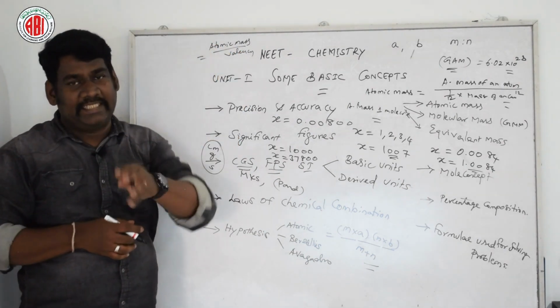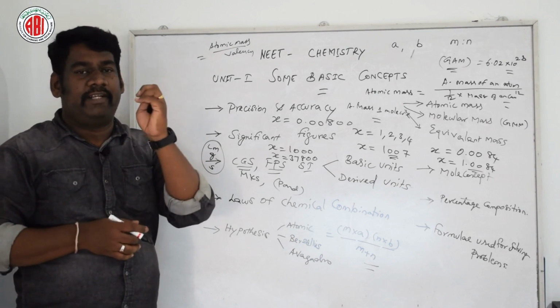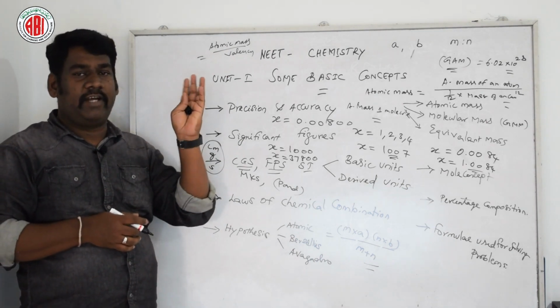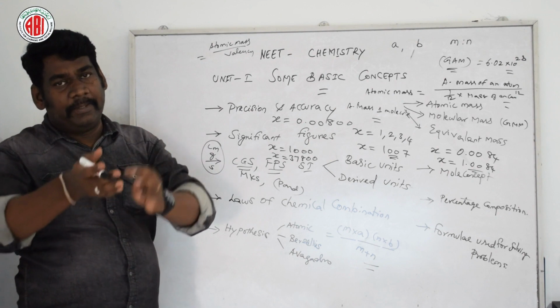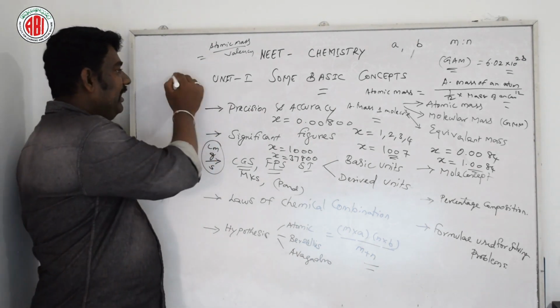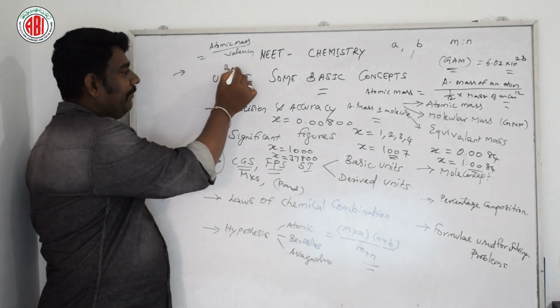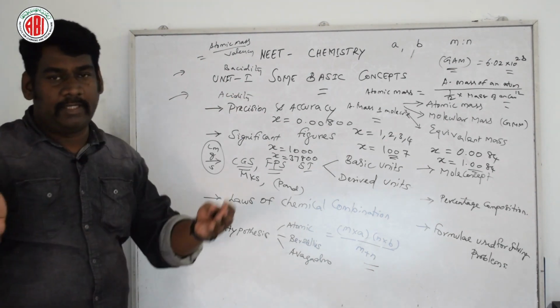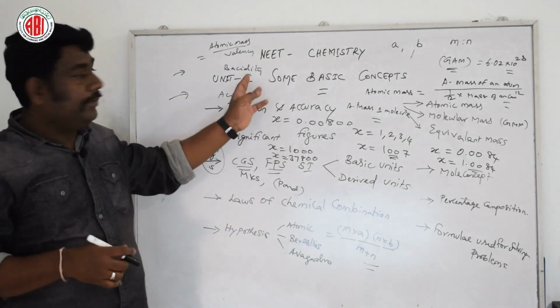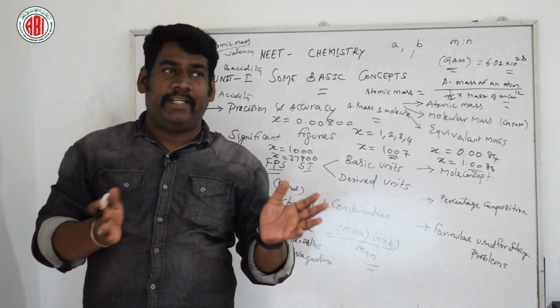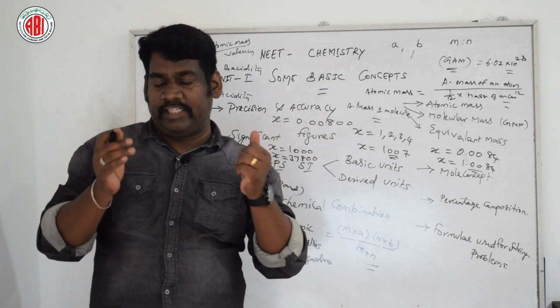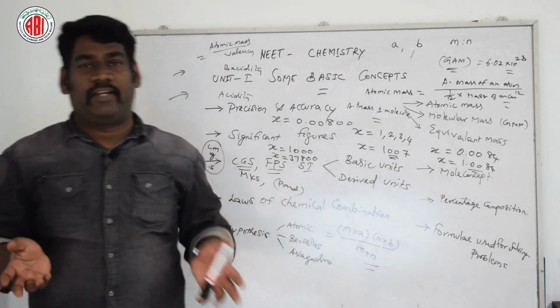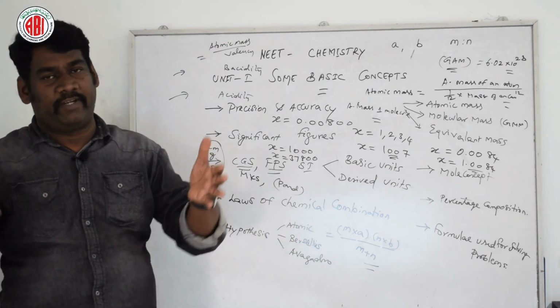For an acid, the formula is molecular mass by basicity. For an acid we use basicity, and for a base we use acidity, like molecular mass by acidity. These can be determined by different methods, like the hydrogen displacement method, the oxide formation method, and the chloride formation method.